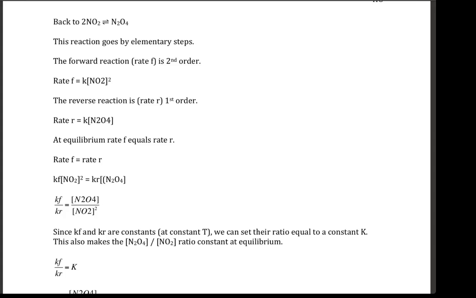Since Kf and Kr are constants at a constant temperature, remember they are rate constants, only temperature dependent, their ratio is constant, and we set their ratio equal to a new constant that we'll call capital K. This also makes the N2O4 concentration over the NO2 concentration squared constant at equilibrium.